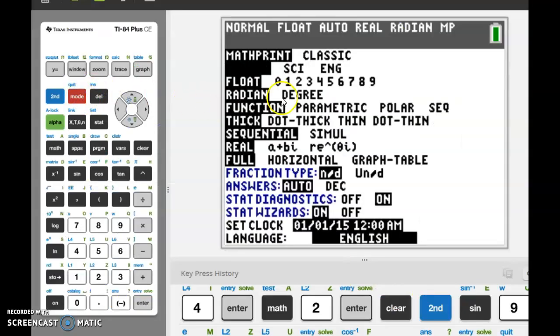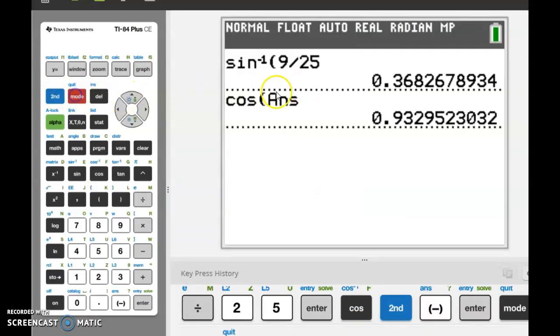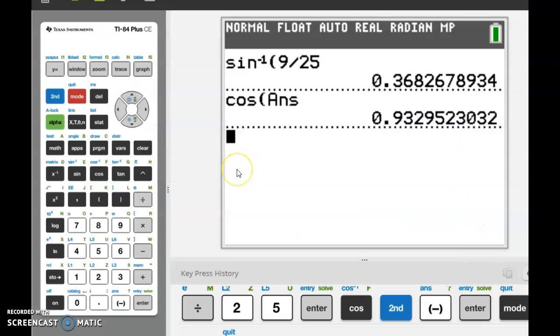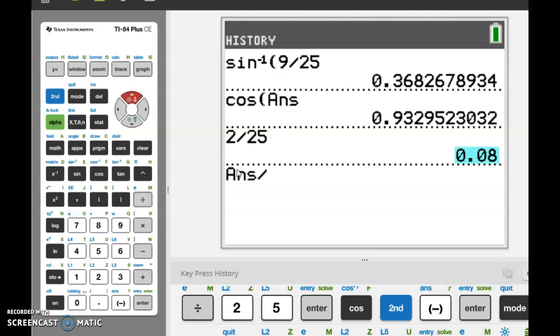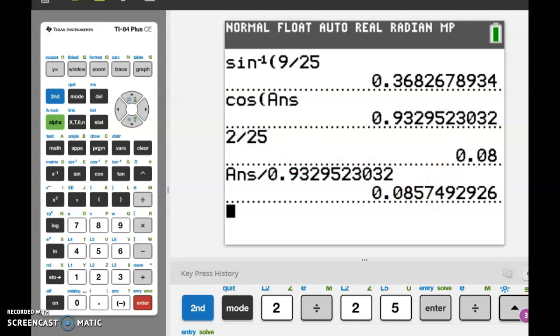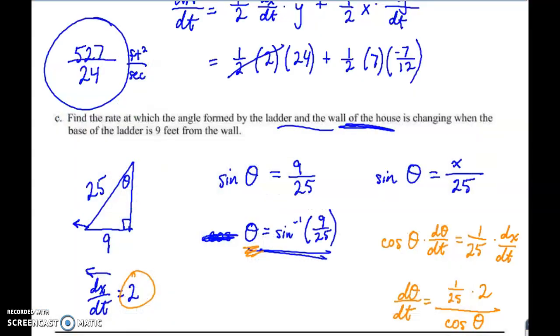Make sure you're in radians too. I almost forgot to double check that. And then in the numerator, you have 2/25 divided by that answer. Let's just do that. And then divided by that answer. And you get that that's increasing by about 0.086 radians per second.